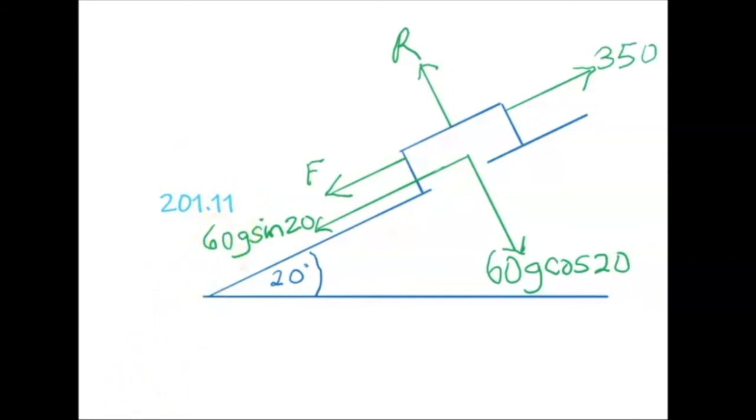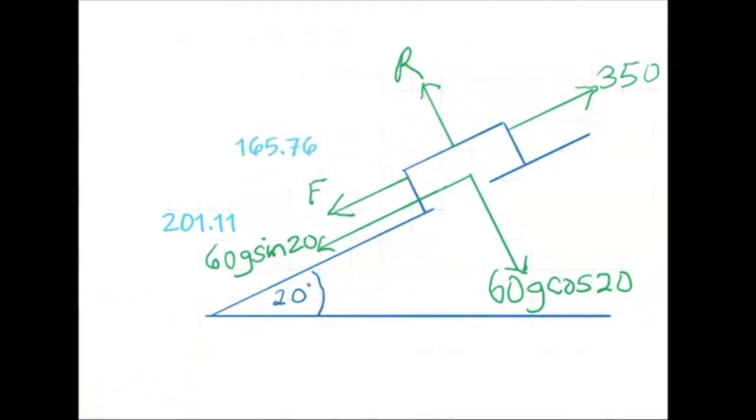201.11. If we resolve perpendicular to the plane, everything must balance there, so R should equal 60g cos 20, and the maximum friction is still 165.76.